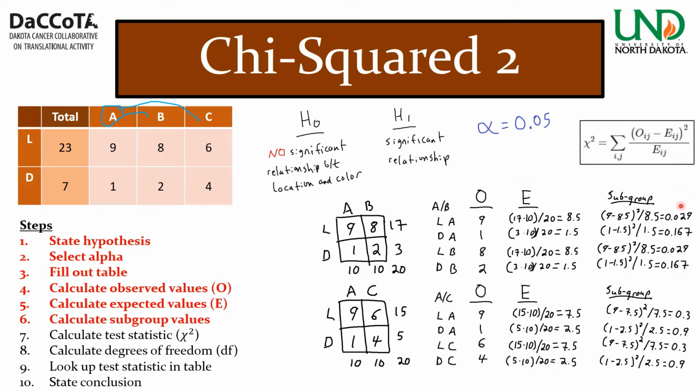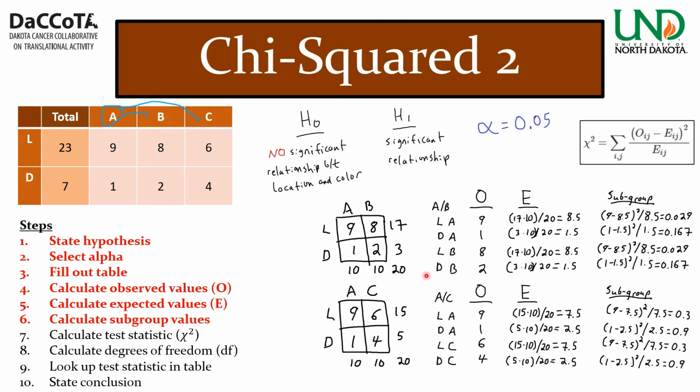So we have 4 subgroups for each of these that we calculate by taking an observed, so 9, minus our expected 8.5, square it, divided by our expected 8.5, which gives us 0.029. Do the same for the other ones, and we sum them all up together, and we'll display that to get our test statistic in the next slide.